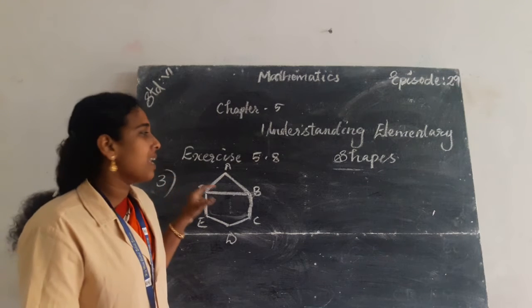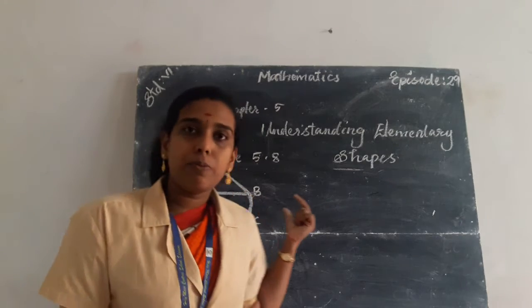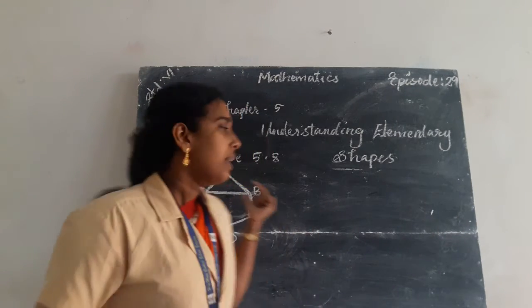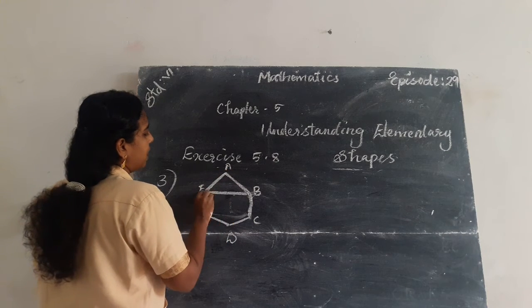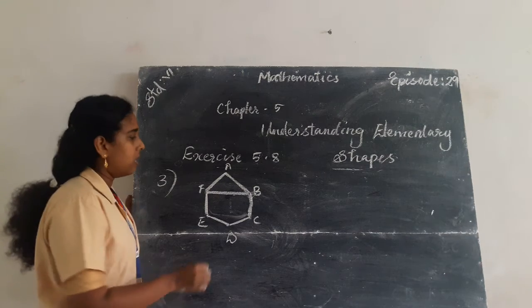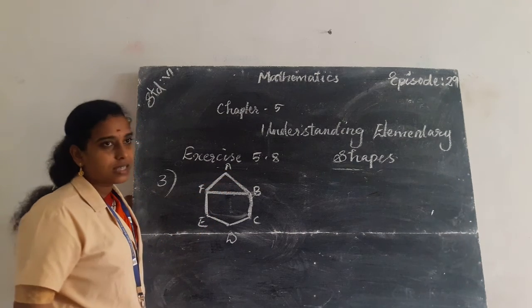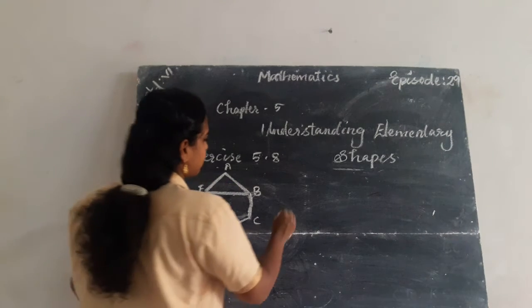Isosceles triangle means any 2 sides of the triangle are equal. Here these 2 sides are equal in length and the third side is not equal. So which type of triangle is this? Isosceles triangle.